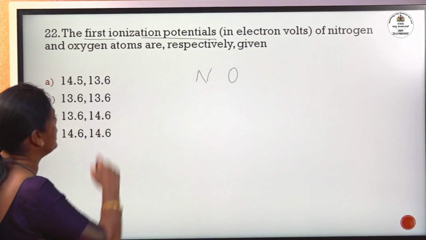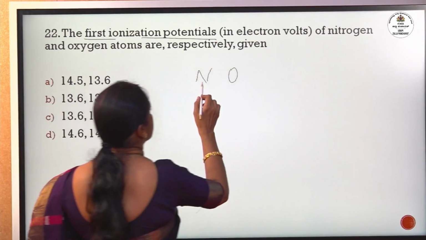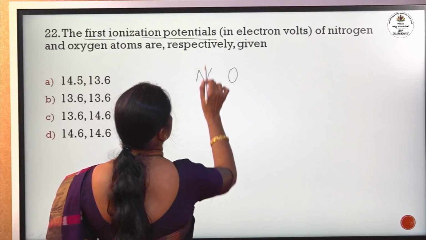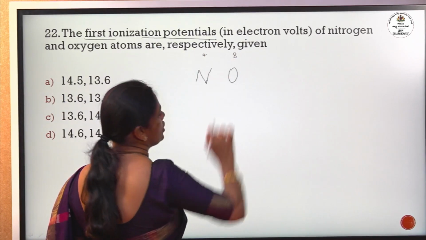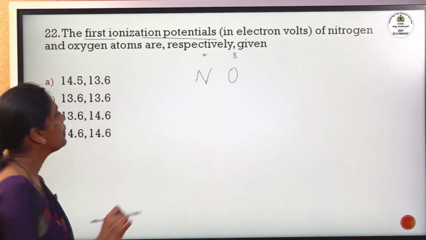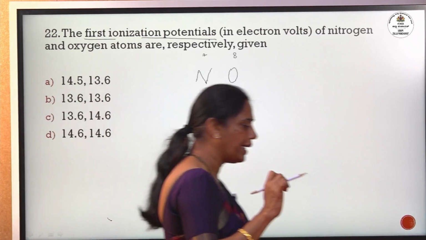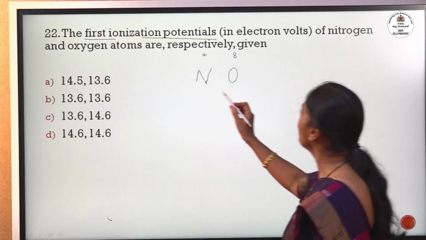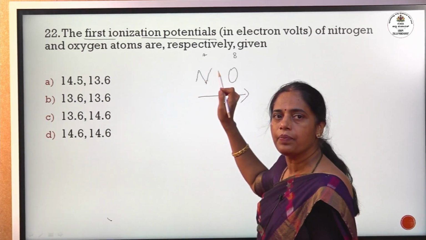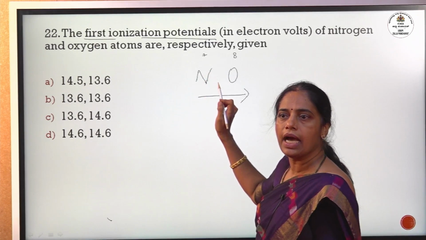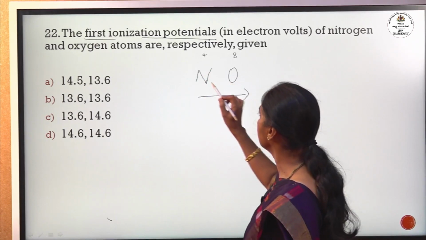They exist in the second period, nitrogen atomic number 7, oxygen atomic number 8. Their position in the periodic table is like this, and the general trend is that as we move from left to right, ionization potential increases.